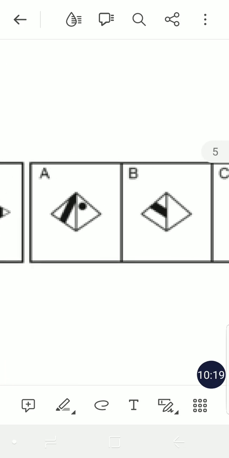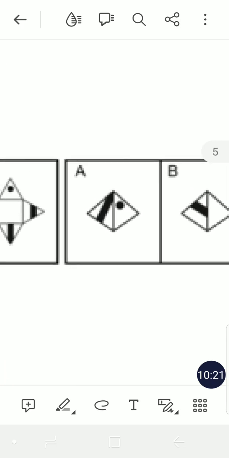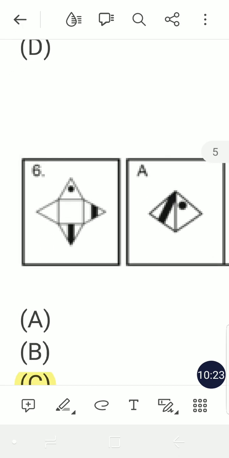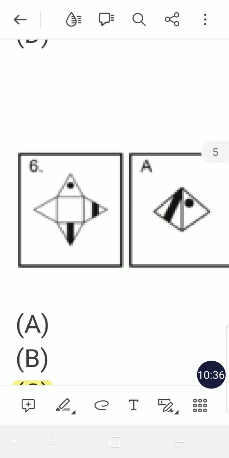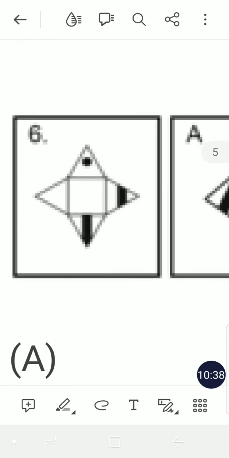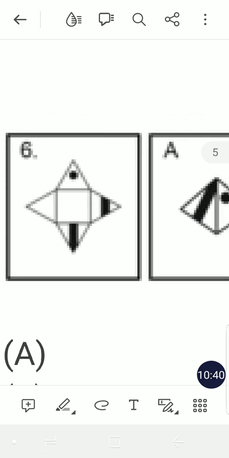Choice B is wrong because based on here, the face beside the longer line is a white triangle.